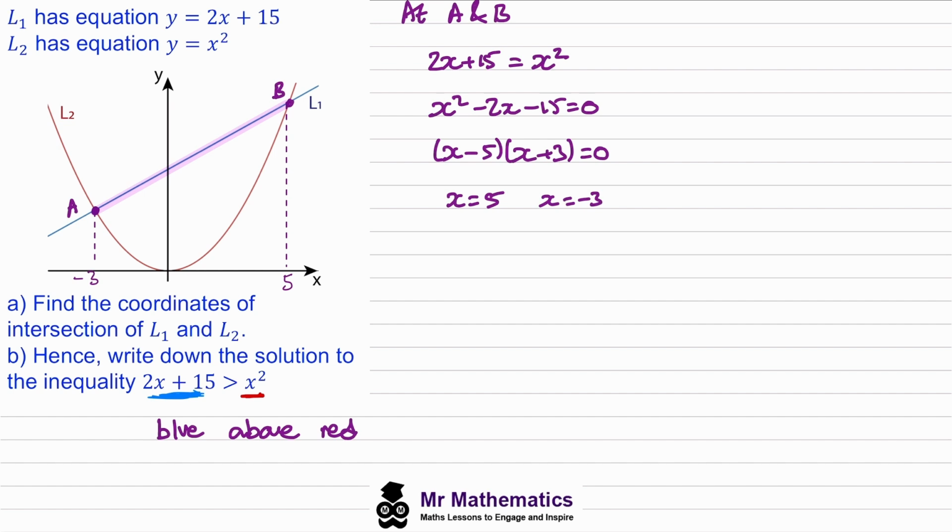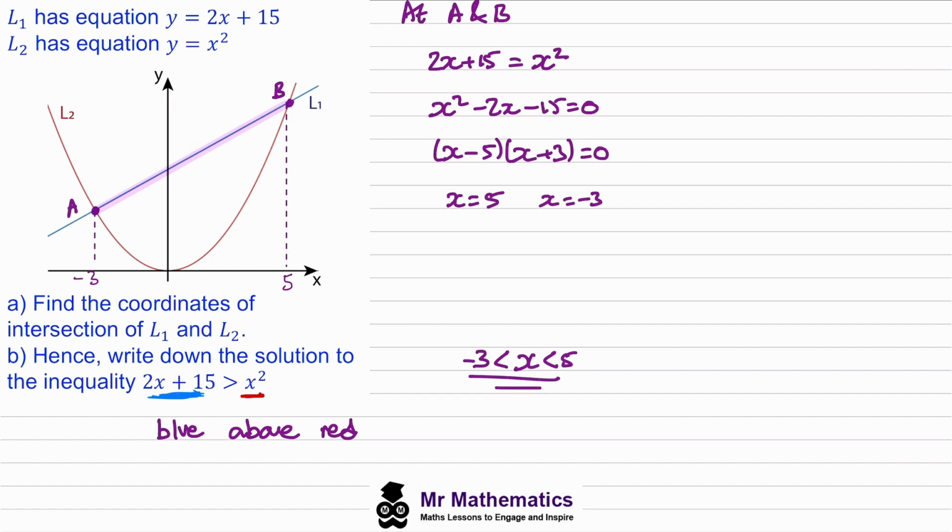But as soon as we go beyond 5 on the x-axis, the red goes above the blue, and below -3, again, the red goes above the blue. So our solution is when x is less than 5, but greater than -3.